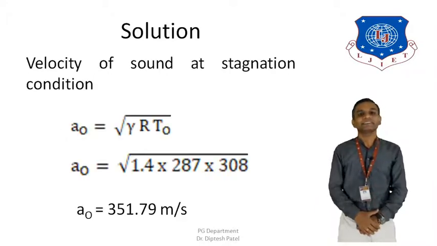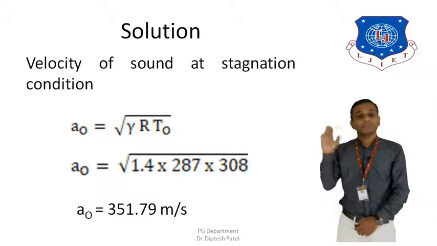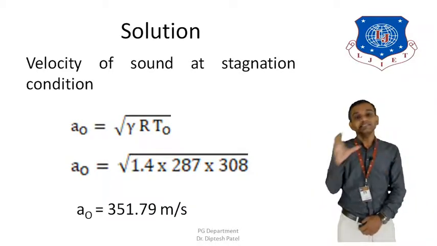So now let's start the numerical. First thing is that since the stagnation temperature or even the stagnation conditions are given, we are going to calculate the velocity of sound at stagnation conditions.